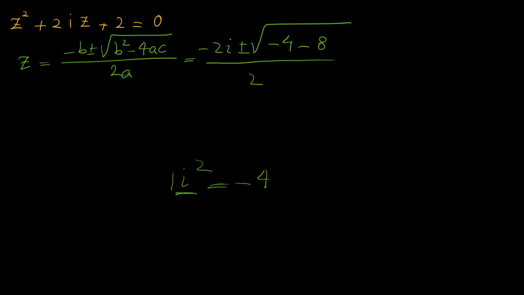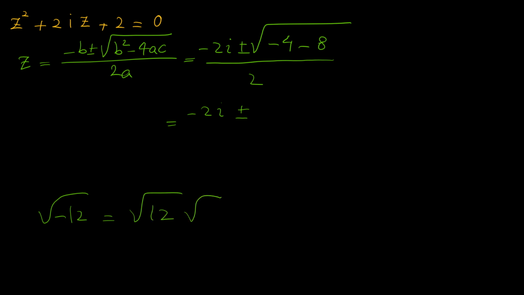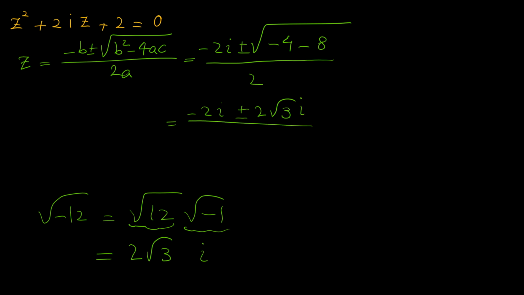The only thing that we have to do here is to simplify this answer and write it in the proper form. We have negative 2i plus minus radical negative 12. But attention, radical negative 12 is basically radical 12 times radical negative 1, and this is 2 radical 3, and this is i. So we have plus minus 2 radical 3 i over 2.